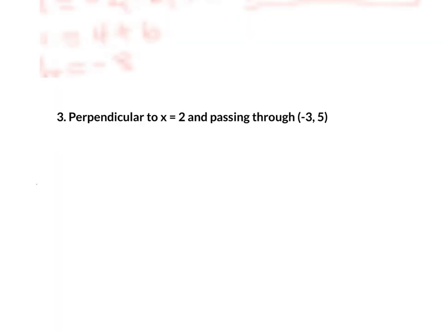Okay, let's find the equation of another line. We want a line perpendicular to x equals 2 and passing through the point (-3, 5). Okay, x equals 2 is what kind of line? Well, if it is in that form where x equals one value, then it is a vertical line.